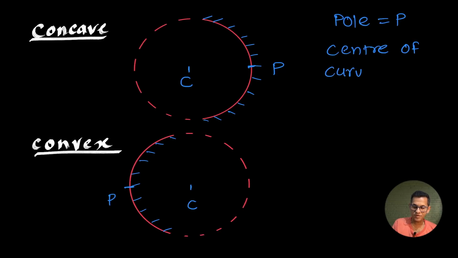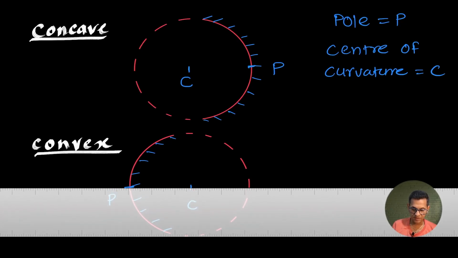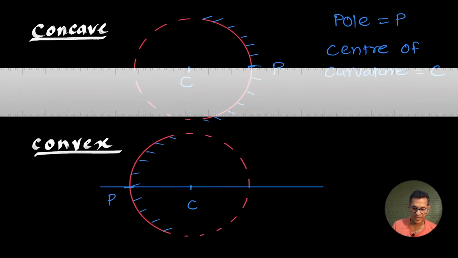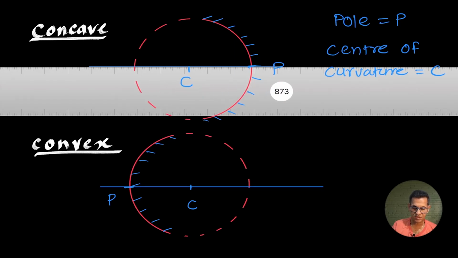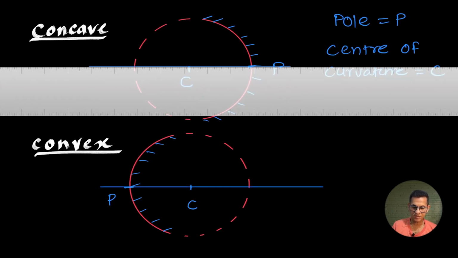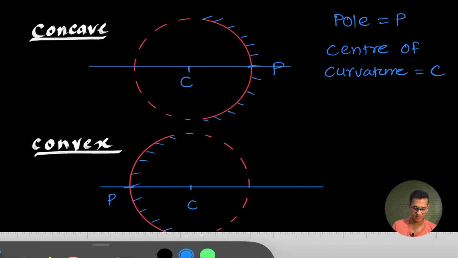An imaginary line joining these points can be called the principal axis. So I'll draw a line here. An imaginary line which joins these 2 points is called the principal axis, as I have shown here.